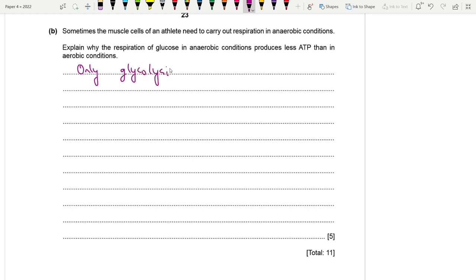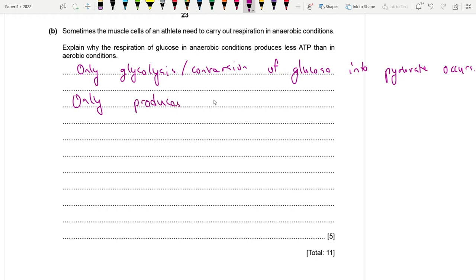Only glycolysis, or conversion of glucose into pyruvate, occurs. So this only produces 2 molecules of ATP. So this is the net production.